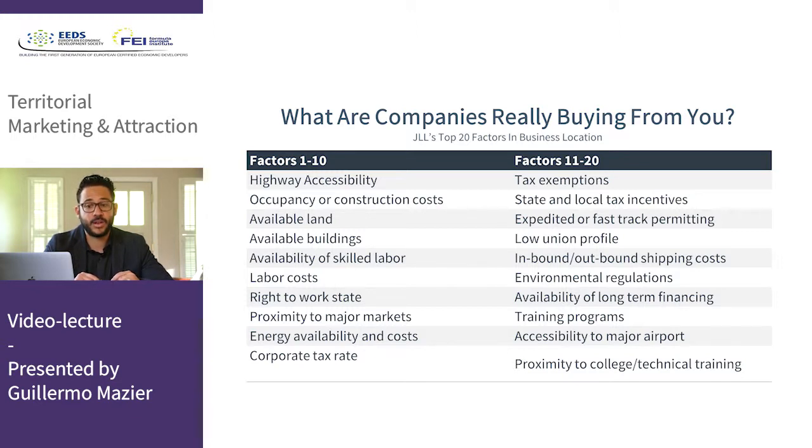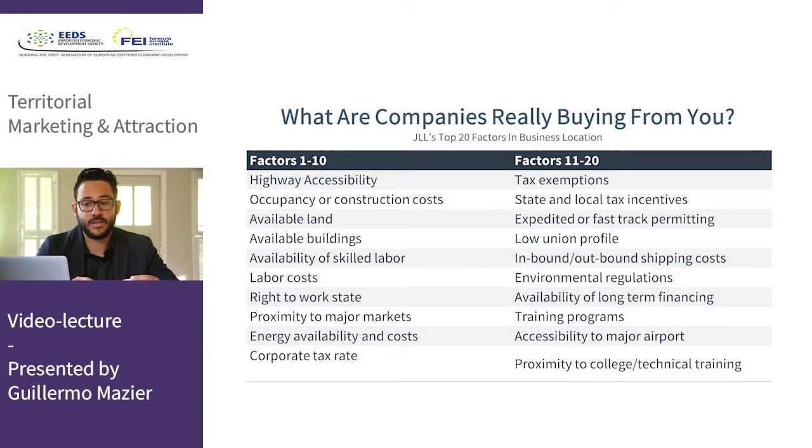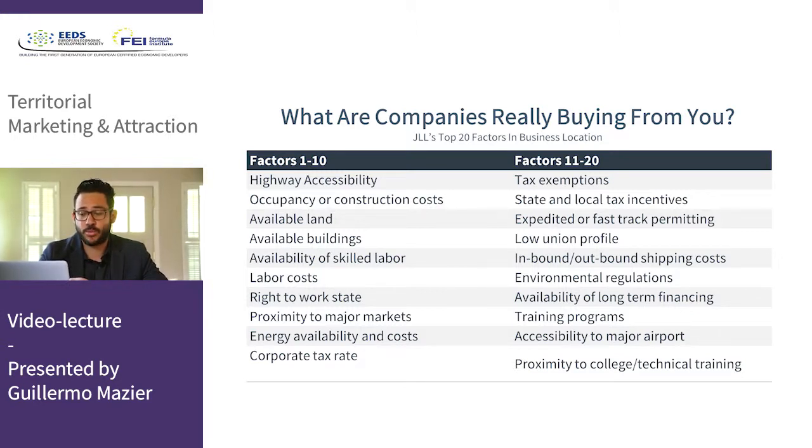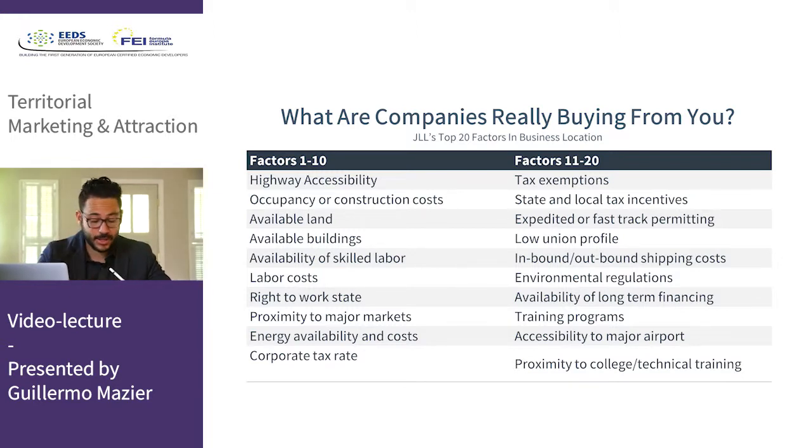Factors 1 through 10 include highway accessibility, occupancy or construction cost, available land, available buildings, availability of skilled labor, labor costs, right to work state, meaning there's no unions, proximity to major markets, energy availability and costs, corporate tax rates, tax exemptions, state and local tax incentives, permitting, a low union profile, inbound and outbound shipping costs, environmental regulations, availability of long-term financing, training programs, access to a major airport or ports, and proximity to a college or technical training.